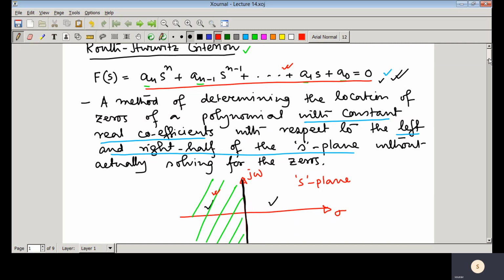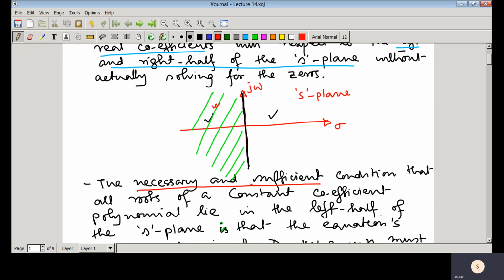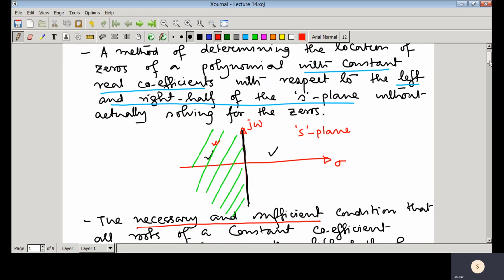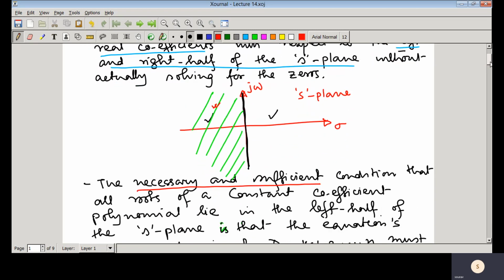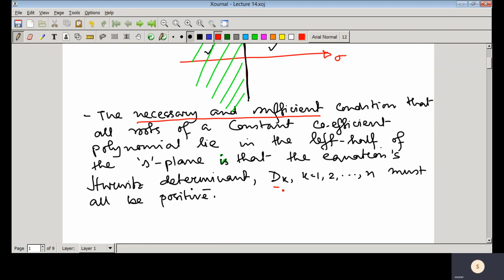So Hurwitz proposed one criterion, and this is that necessary and sufficient condition. That means whenever a polynomial is given, we can form n number of matrices which are called Hurwitz matrices. And the determinants of those matrices, that is the Hurwitz determinants, should all be positive.